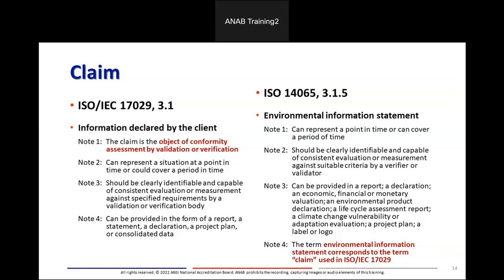And you can see the definition of a claim here stated between 17029 and 14065 are very similar. The one difference between the two is that for 17029, it is the object of conformity assessment, and the environmental information statement that is referred to here in this definition, note 4 indicates that this is the term that is similar to claim.